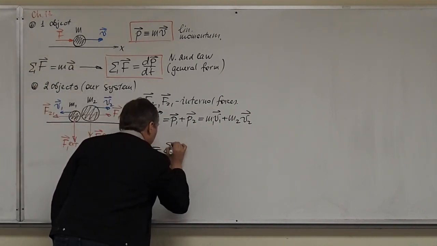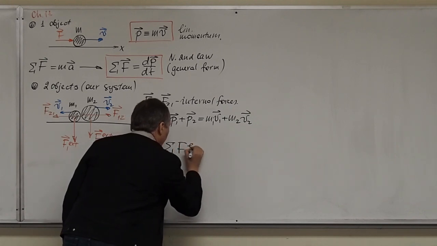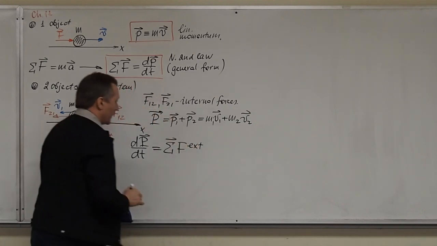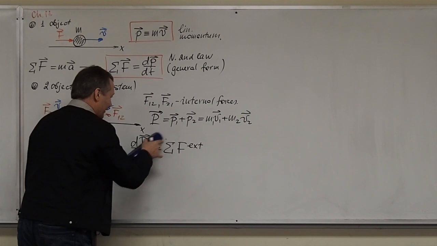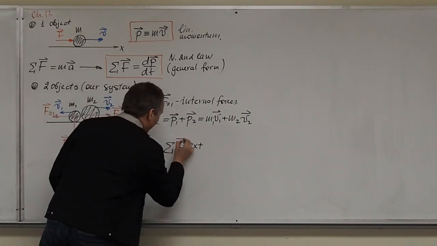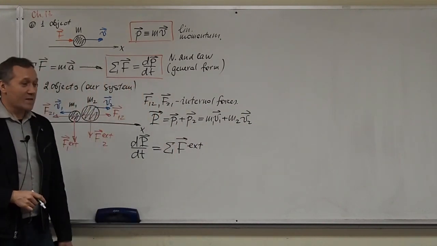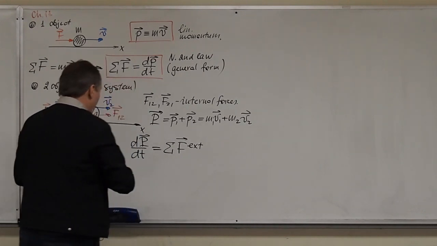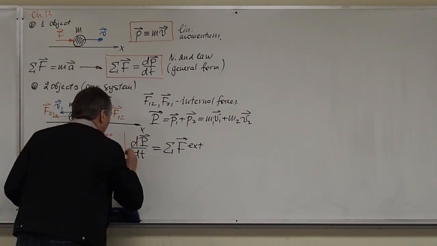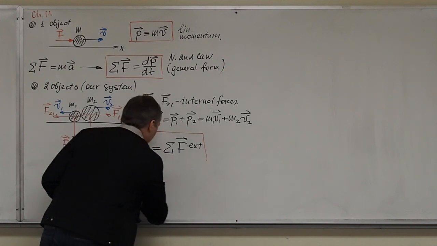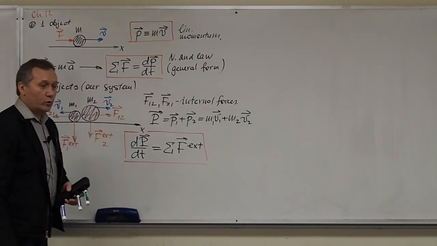So summation of F external. Wait, the vector sign is in the wrong place. Right, so that's what we can use to describe a system, for example, of 2 objects.